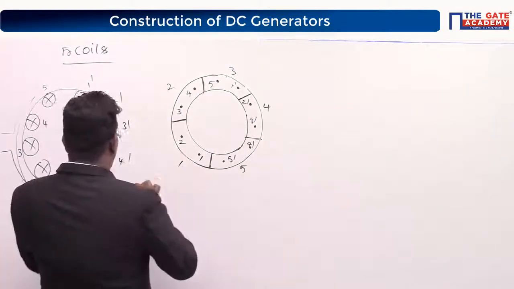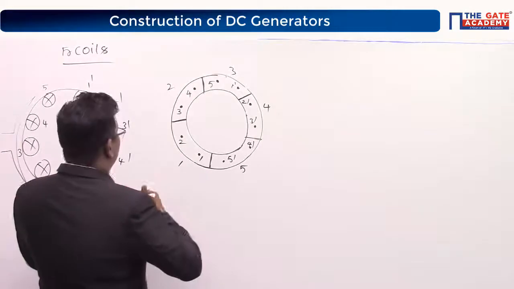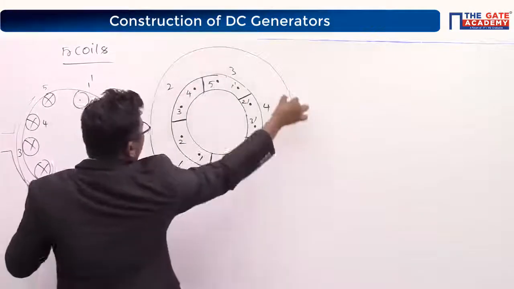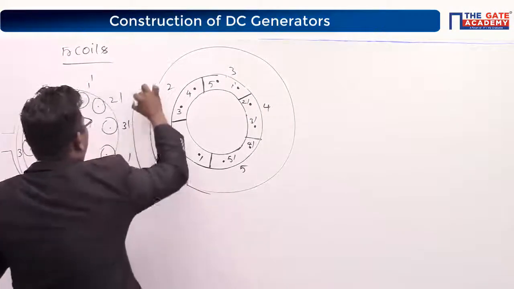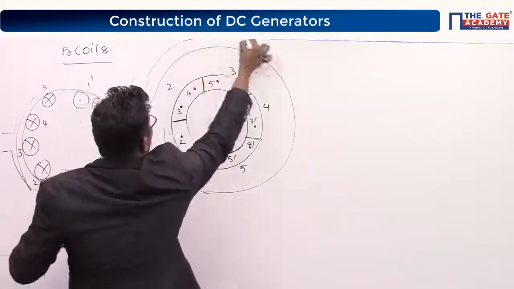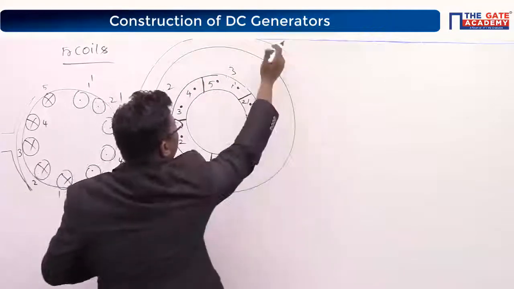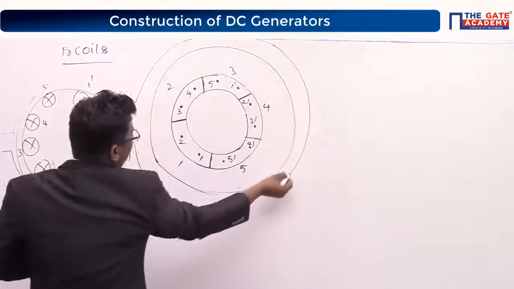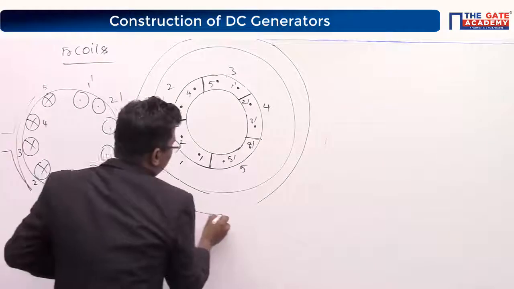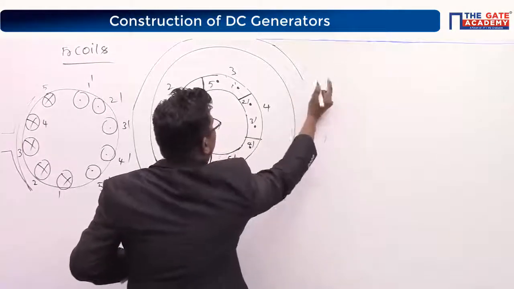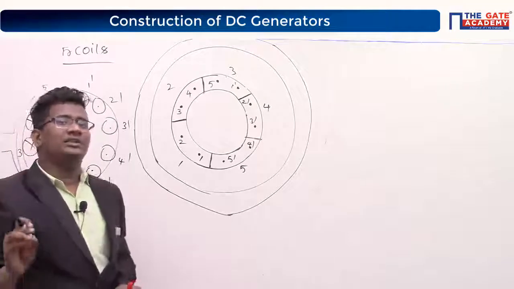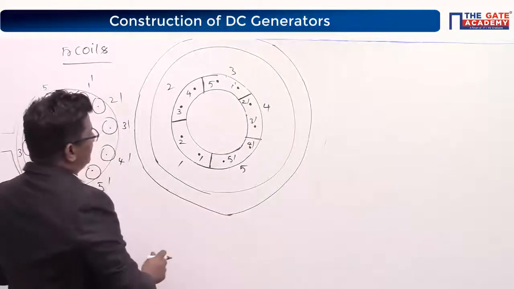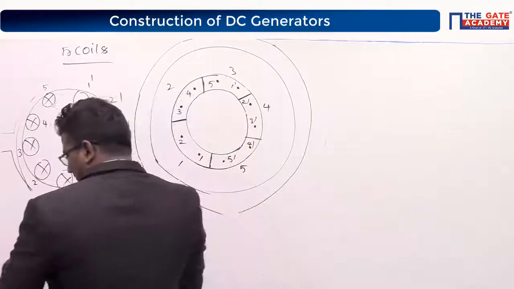Don't worry. If you have any doubts, then we will draw the circuit. How many conductors have we taken? 5 conductors, 5 coils. So let me take the same conductors like that.